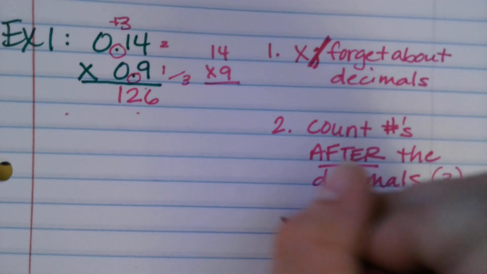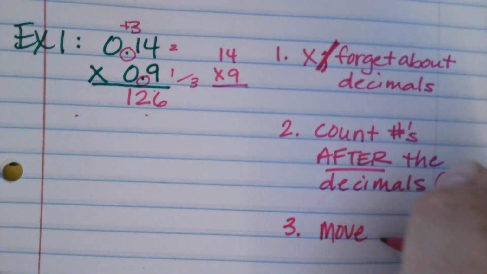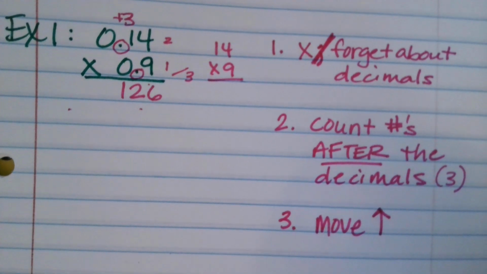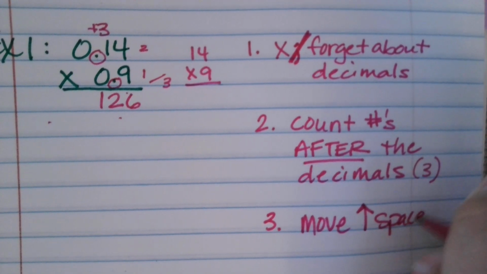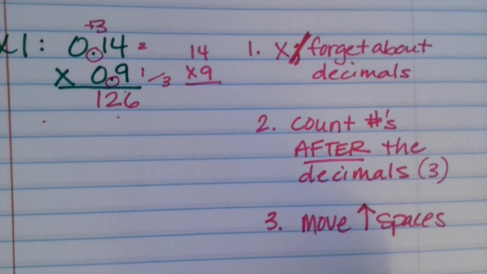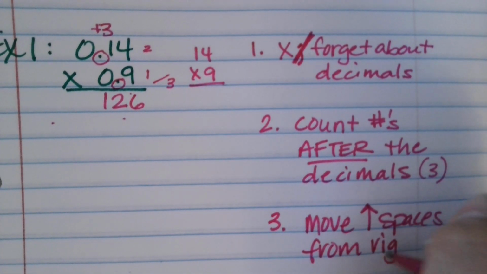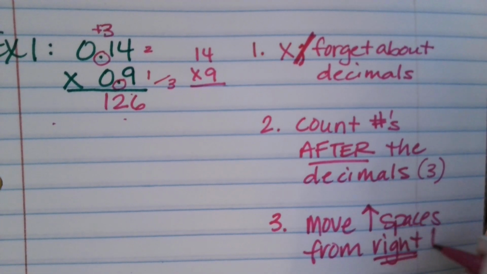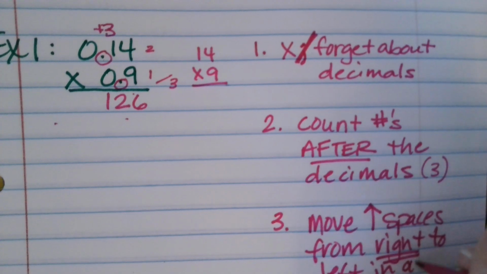For number 3, how did I phrase this before? Okay. You're going to move as many spaces as number 2 tells you, right? So I'm kind of drawing a line up here. I'm moving this many spaces, right? I'm referring to step 2. From right to left in your answer or in the product.